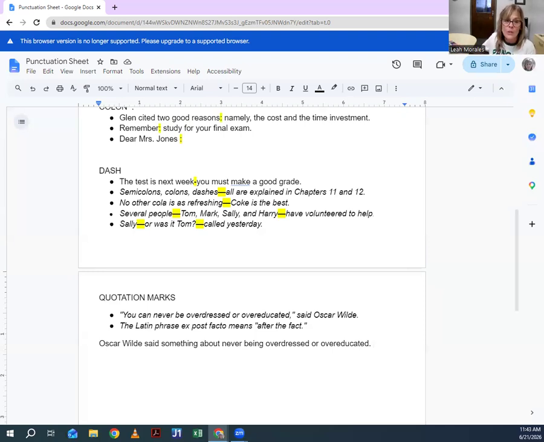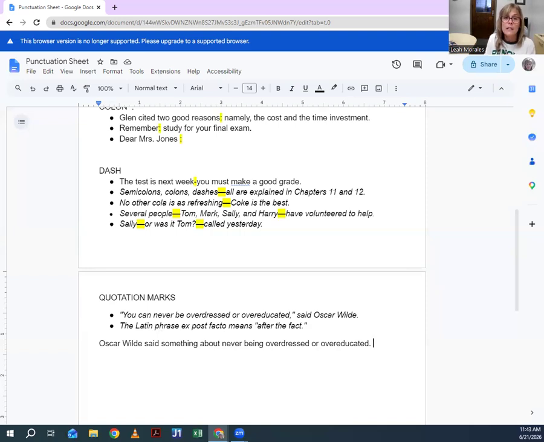You can also use quotation marks to set off definitions of words, okay? Like you see here. The Latin phrase ex post facto means "after the fact." Okay, that is another time that you use quotations. There are some punctuations within quotation marks that you need to remember.